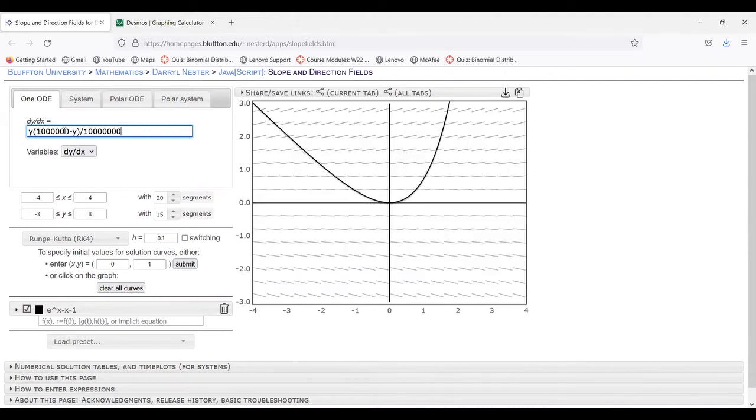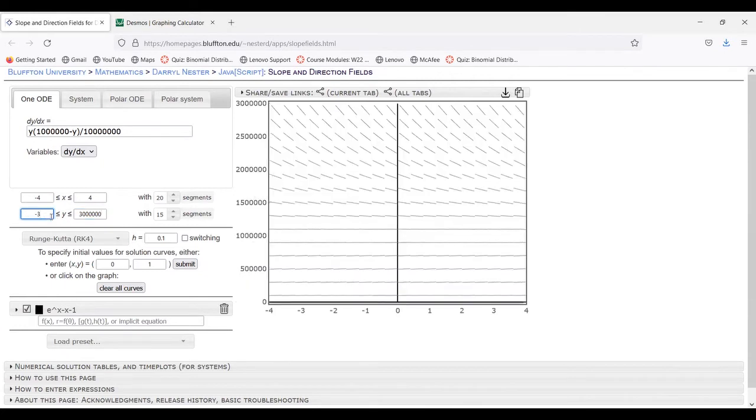Okay, let's graph this. Let's just increase the y values. And x is given in months, so we can change it to 10 months, for example.